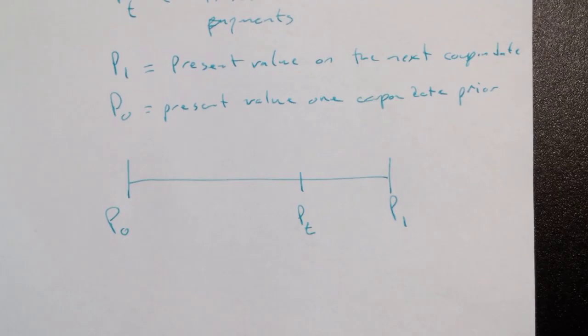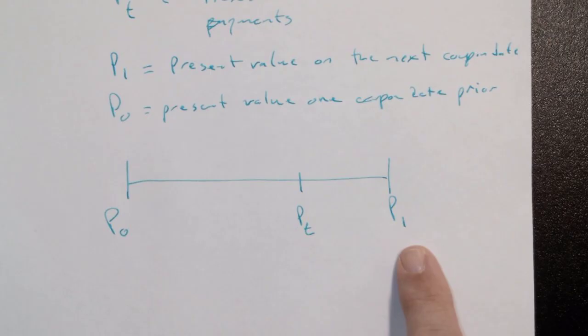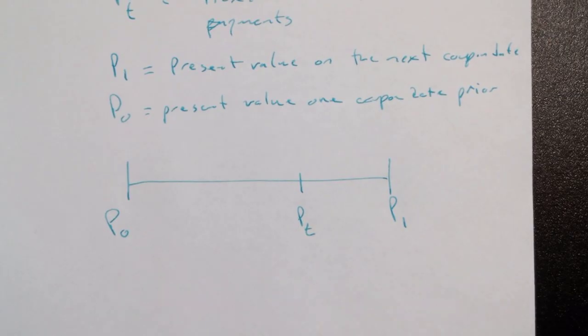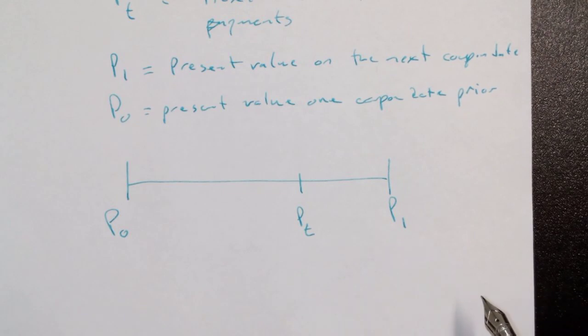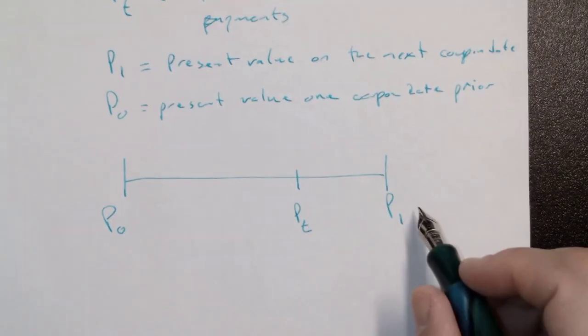Now I already know how to get this value. I can get either of those because those are on a coupon date. What is the value here?